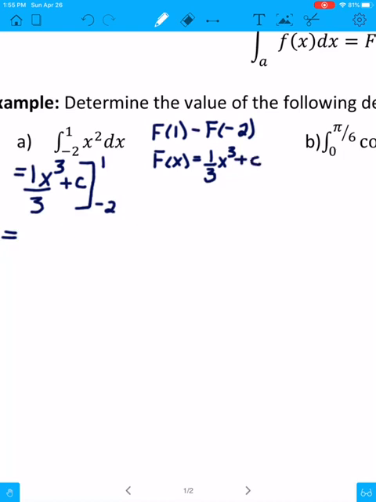Round bracket, 1/3, and now for x I'm going to fill 1 in for all the x's. So 1/3, 1 cubed plus c, and then I'm going to subtract off my lower bound, negative 2. I do the same thing, but I'm going to subtract it.